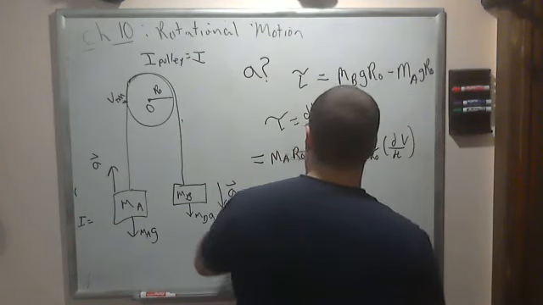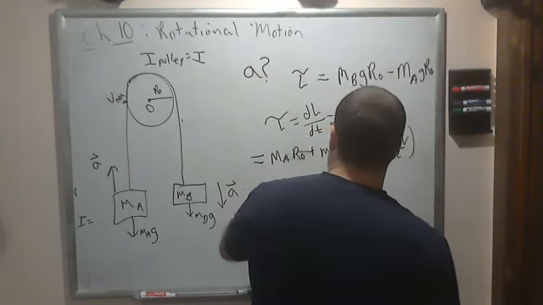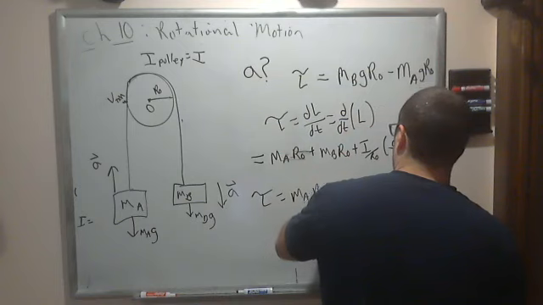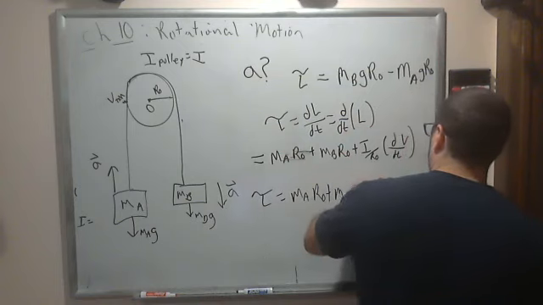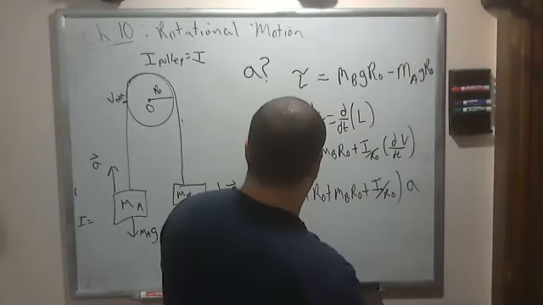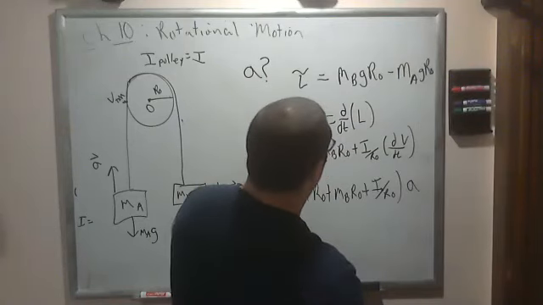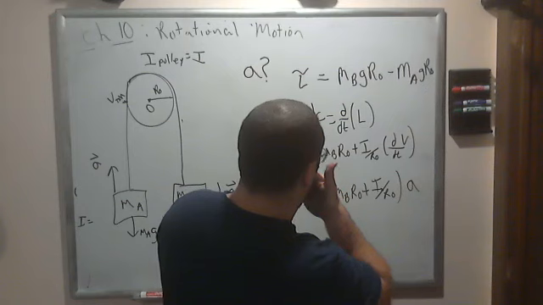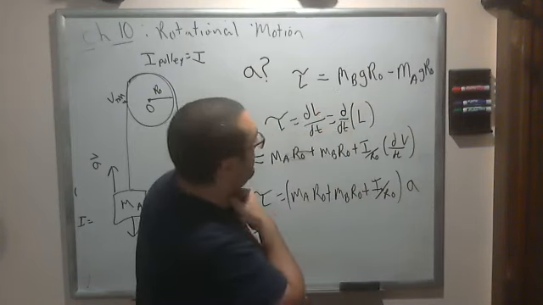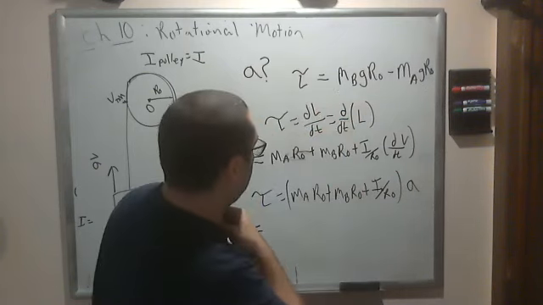So the torque is equal to m_A times a, and so on, and we set this equal to our equation for the torque that we calculated up here.